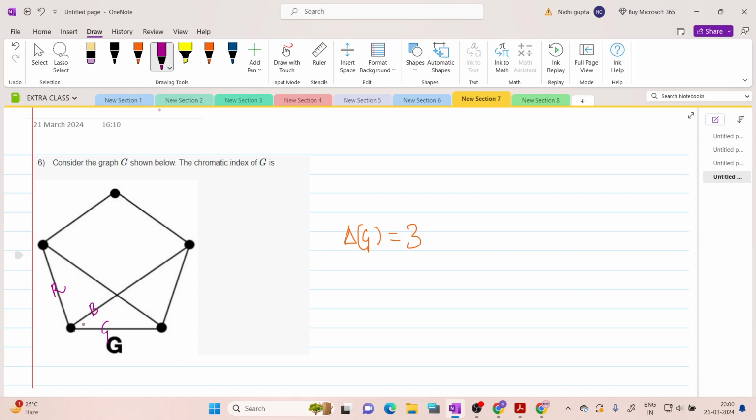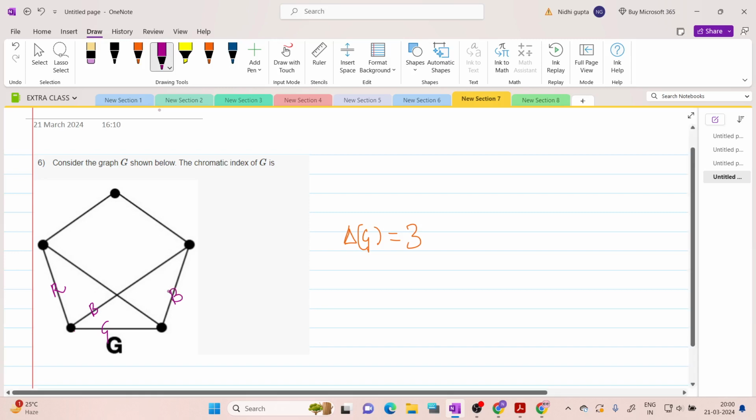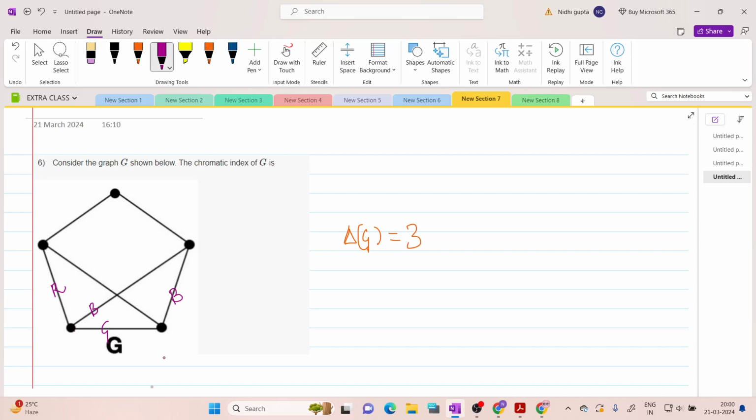Now for this edge, let's give it blue. No, blue is not possible. We have to give it red. Blue is not possible. Now for this one, we have to give green because red is there, blue is there.